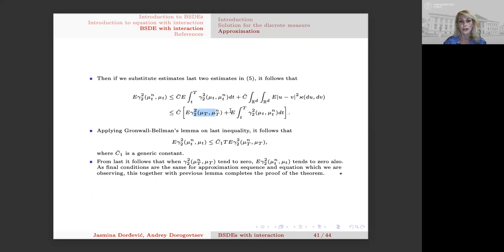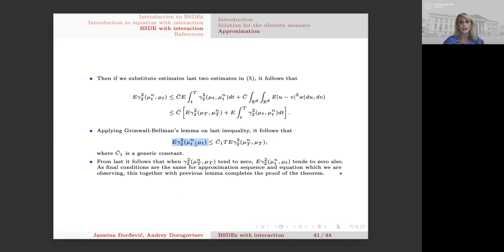Then by applying Gronwall's lemma, we estimate the distance of measures at some moment before capital T by the distance of the final measures. If they are close, then we can say that also the measures at previous moments are close.